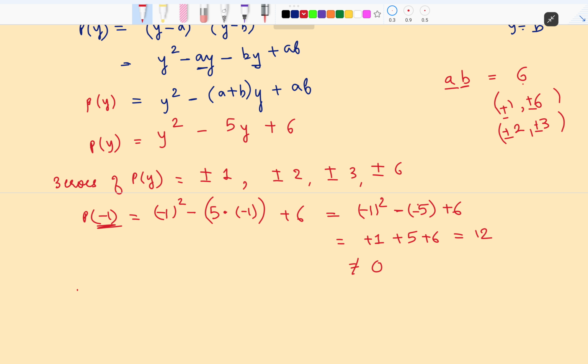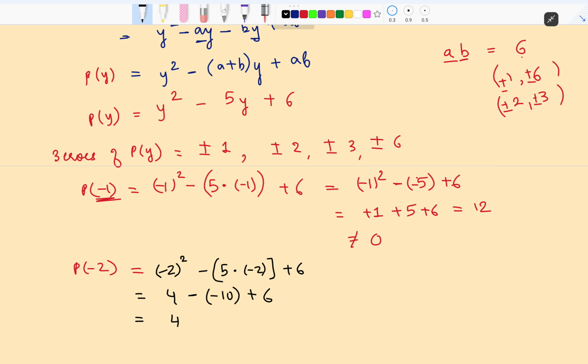So this is not my zero. Let's take minus 2. P of minus 2 is going to give me minus 2 square minus 5 times minus 2 plus 6, which is 4 plus 10 plus 6, which is 20, not equal to 0.